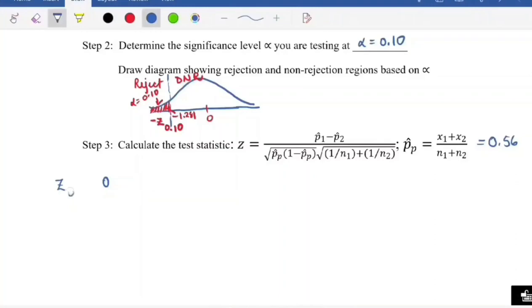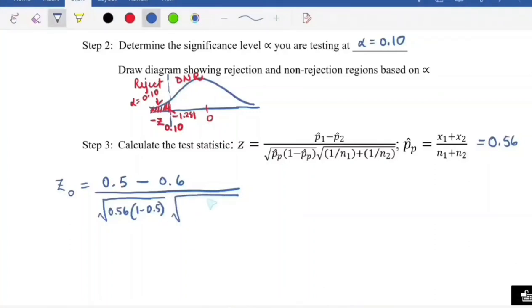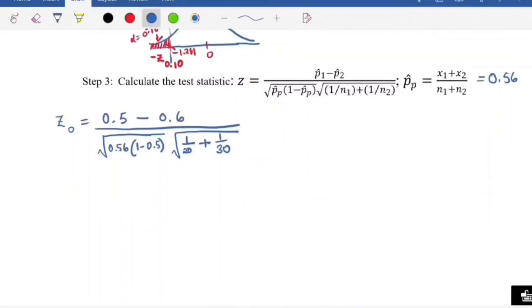So z sub 0 equals 0.5 minus 0.6 over square root over 0.56 times 1 minus 0.56 times square root over 1 divided by 20 plus 1 divided by 30.